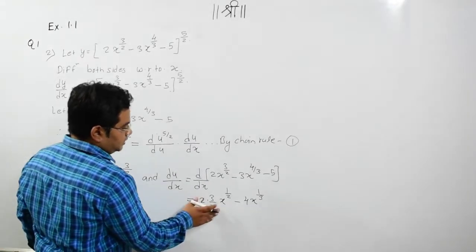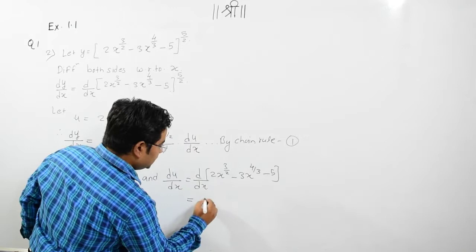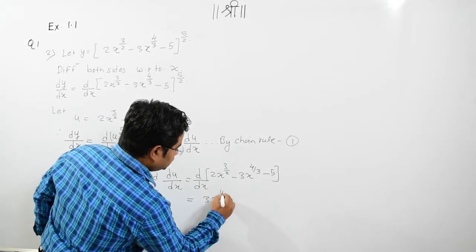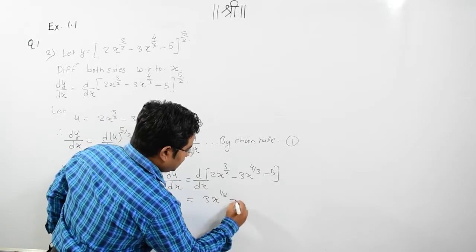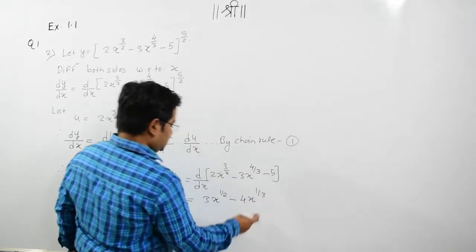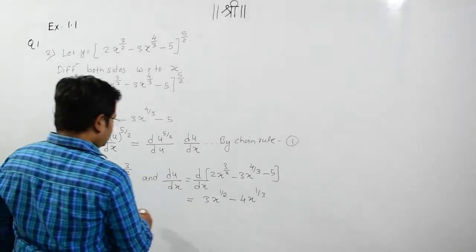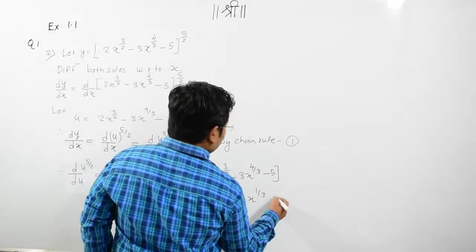So finally here we are getting what? Okay, I will write it neatly. 3x raised to 1/2 minus 4x raised to 1/3. So this is du upon dx. Again substitute these equations.